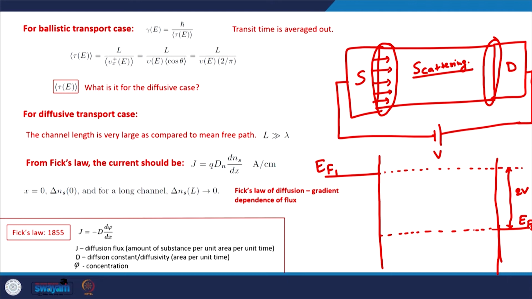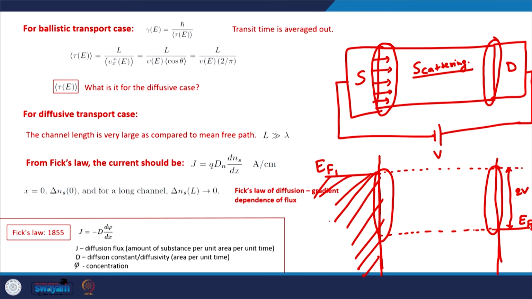So, this area of the channel will become the area of high electron concentration, and this area will become the area of low electron concentration, because on this side all the states up to this energy level are filled.